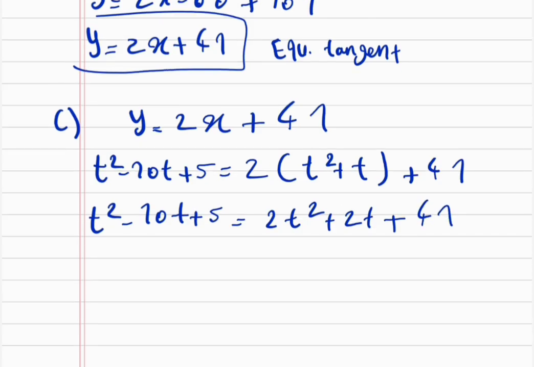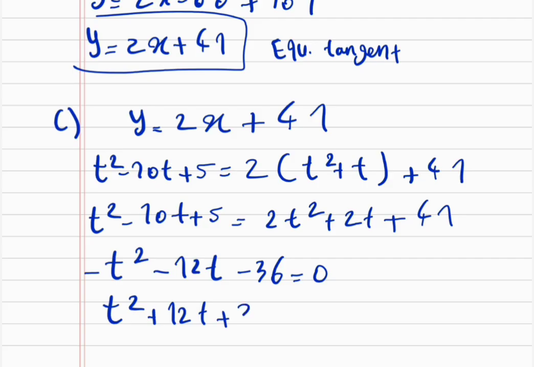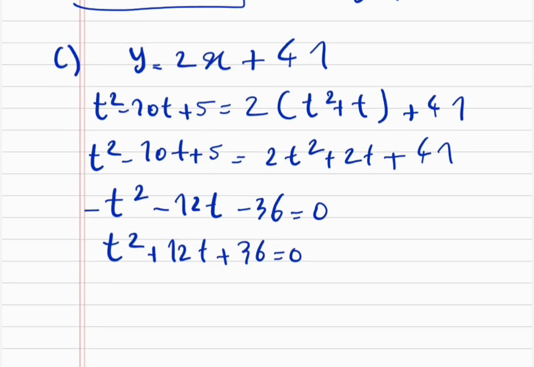Then we can simplify this, or rearrange that. Then we have minus t squared. Then from t's, we are going to get minus 12t. And then here, minus 36 is equal to 0. Then we can multiply this by negative 1 just to get rid of the negatives. So we get t squared plus 12t plus 36 is equal to 0.